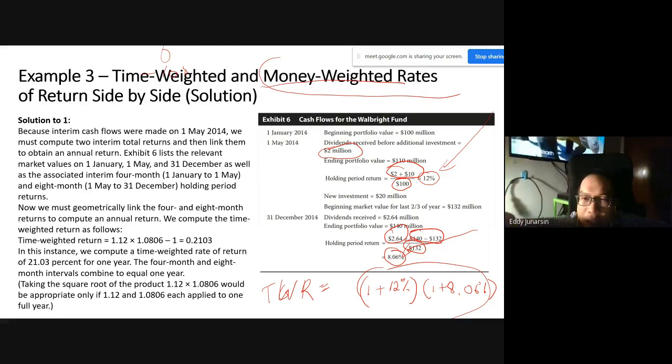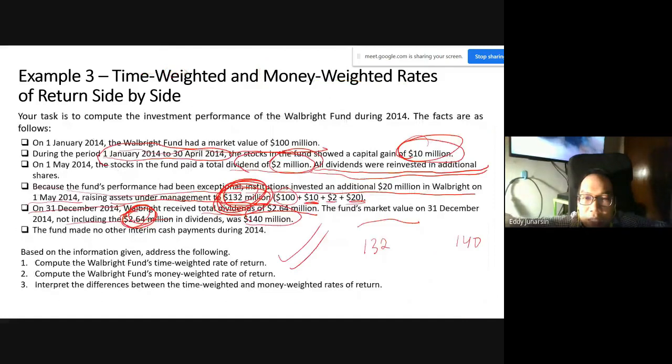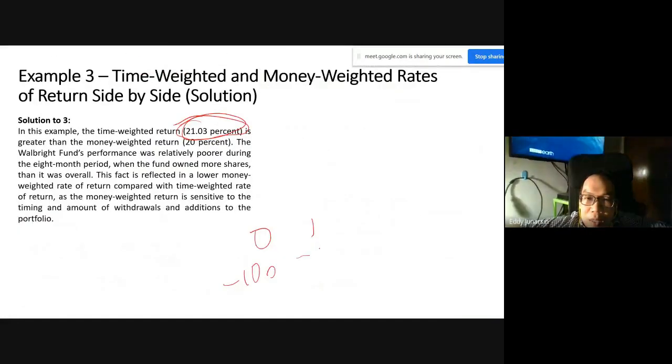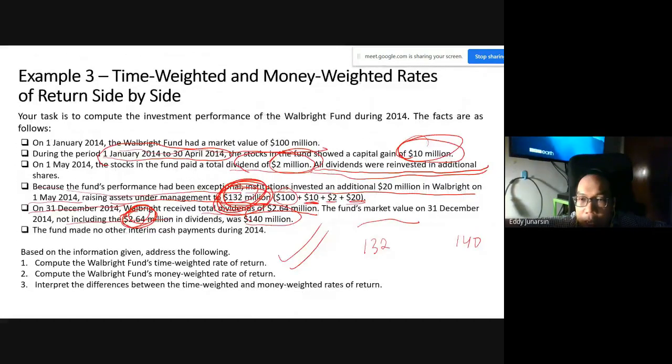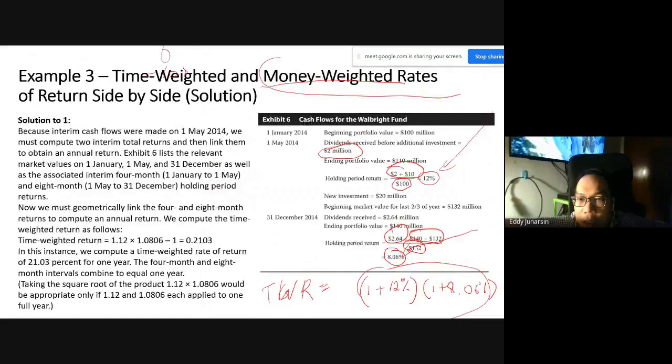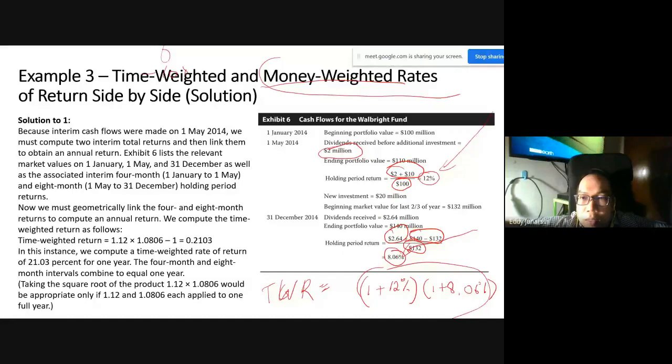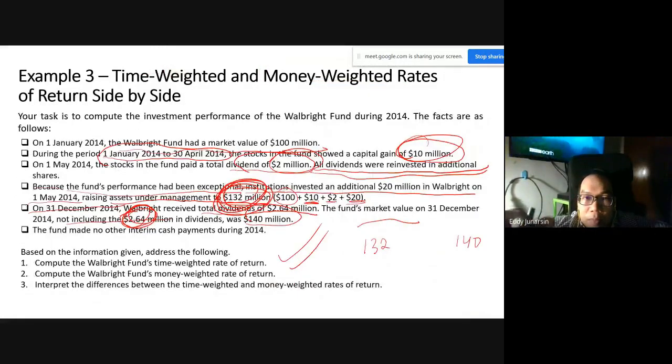So you could say you invested 2 million. And what else? Remember, you also got capital gains. How much was it? Yeah, here. 10. So capital gains 10 million. This is similar.